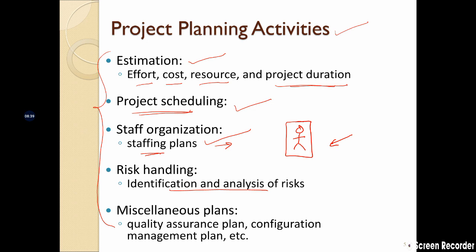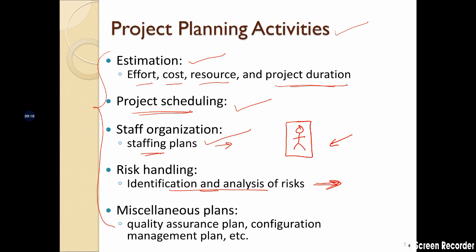For example, it could be related to a resource, it could be related to technology, or, for example, a simple thing like if there is some strike which is happening very often in that city, or there's a natural calamity due to which the offices have to be shut. All those are a part of the risks. If one of the key resources is going to go for a long vacation for getting married or something like that, that's also a part of the risk. So he has to identify all that from before.